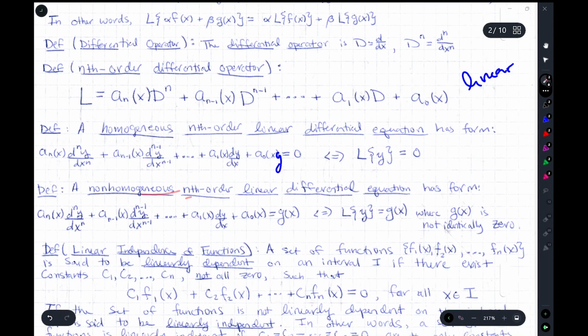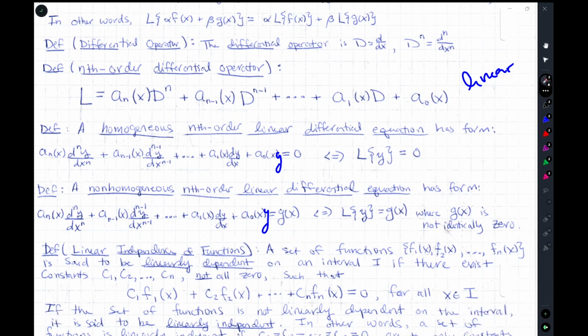A non-homogeneous nth order linear differential equation has the form that you see here, pretty much exactly as above, with this y also missing there. And you get that L acting on y gives you g(x), where g(x) is not identically 0. It could be 0 at a point.